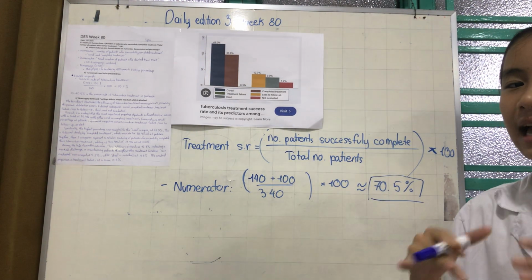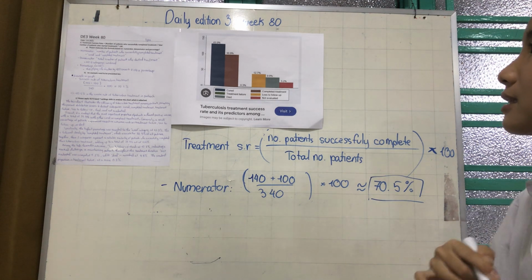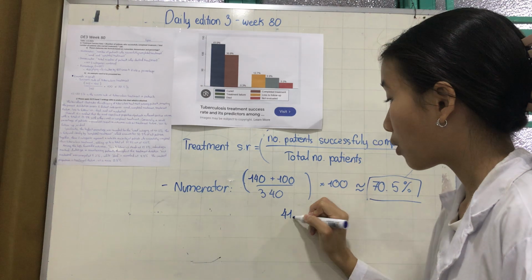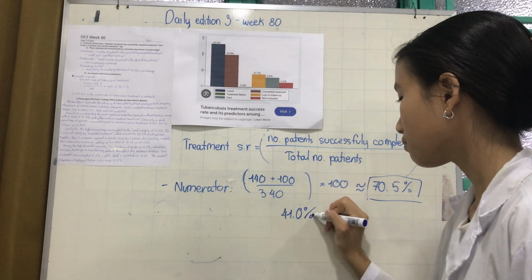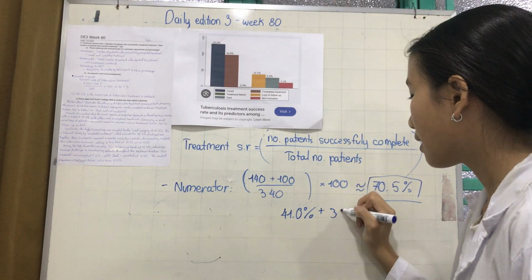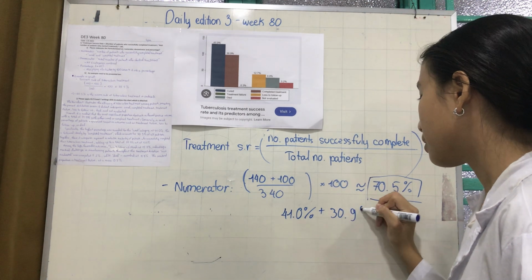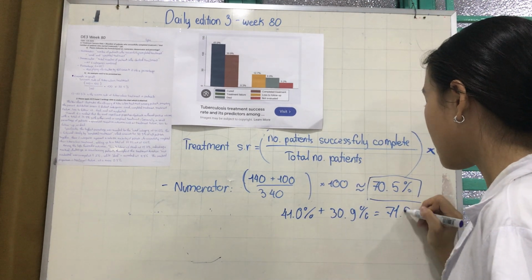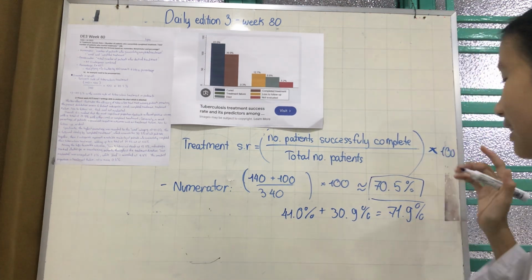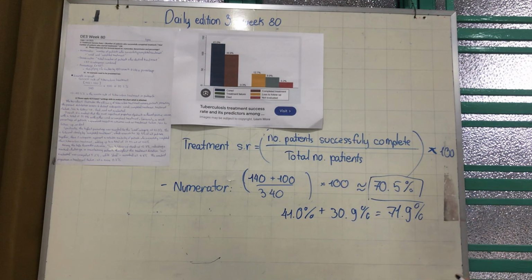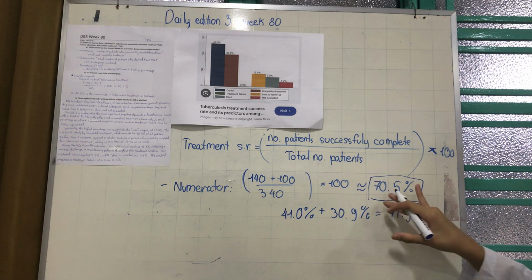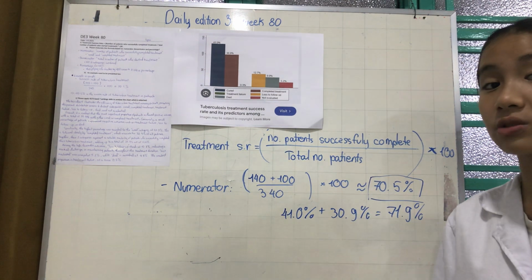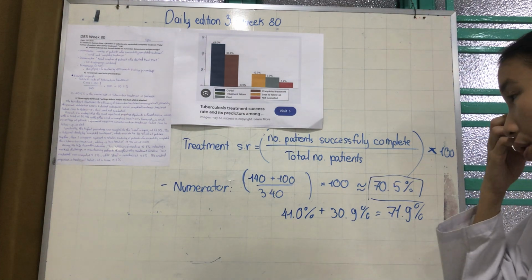But let's see if the chart says so. 41.0% plus 30.9% will equal 71.9%. Now, I see that 71.9% is close to 70.5%. So I think that my answer is close and is reasonable for this.